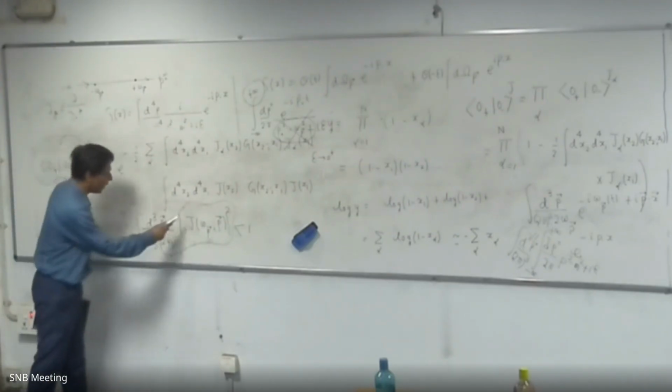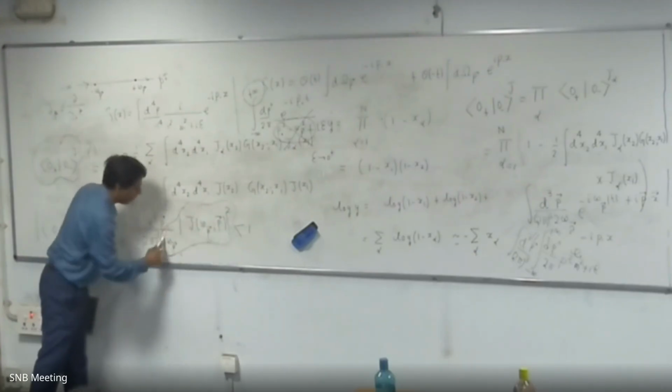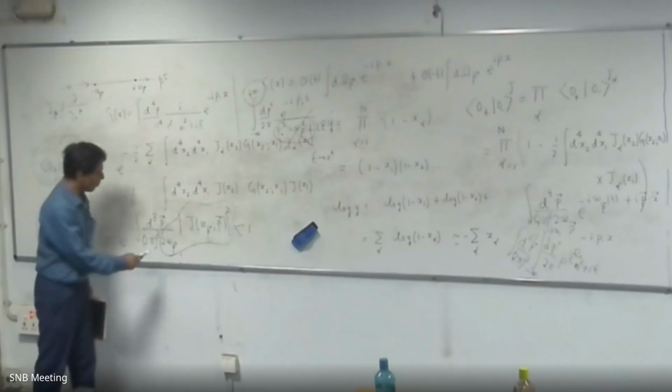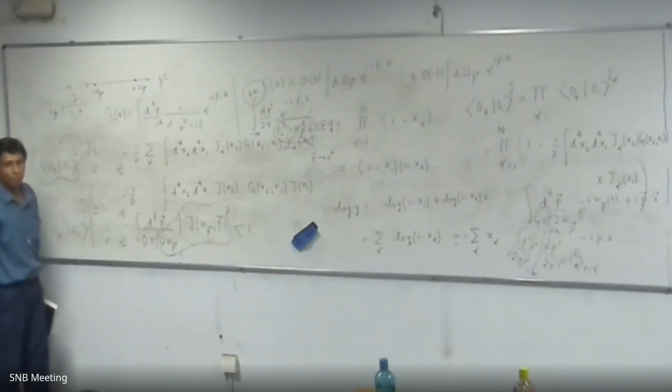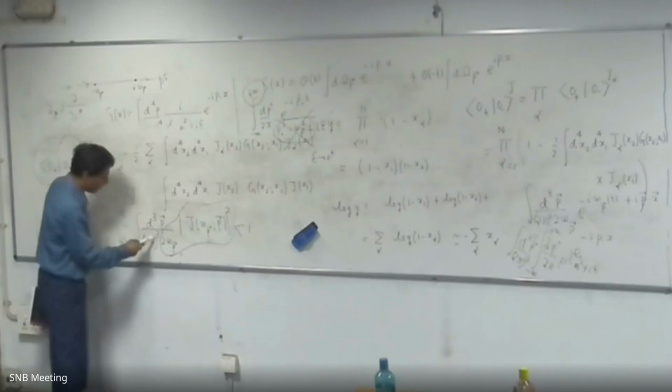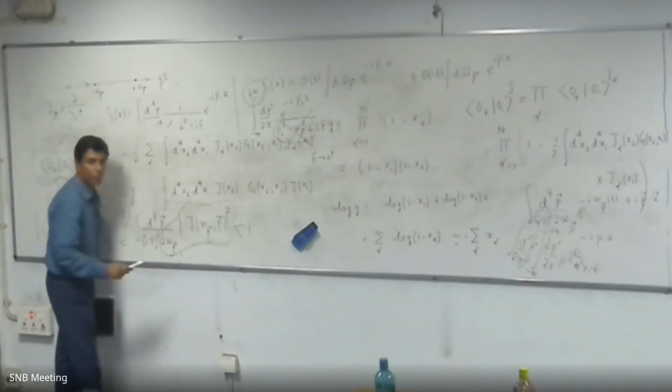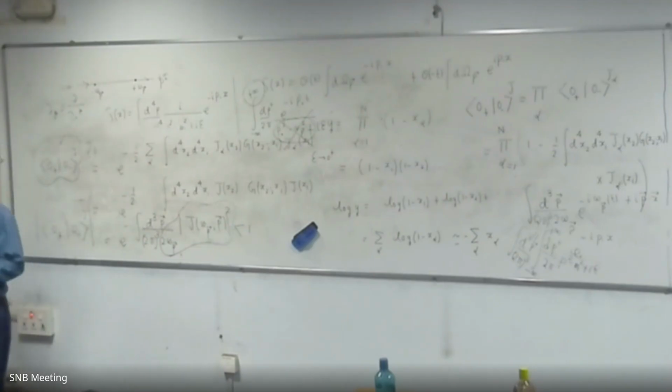Probability density of creating a single particle with momentum p. Why? Because it is integrated over d cube p by (2 pi) whole cube, this factor as the probability. You can first calculate the mod square, and now you can give an interpretation to this.